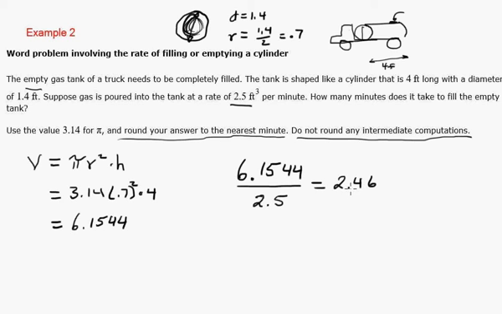It's kind of weird, but this is a 4, so it's not 5, so we would say 2 minutes. It's going to take 2 minutes, which I don't think is a very good estimate. I would say 2.5 minutes would be a better estimate. That would be rounding to tenths, but that's not what they asked for. They said to the nearest minute, which is a whole number.